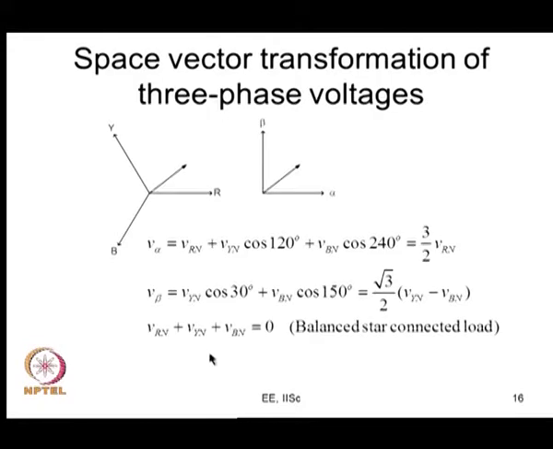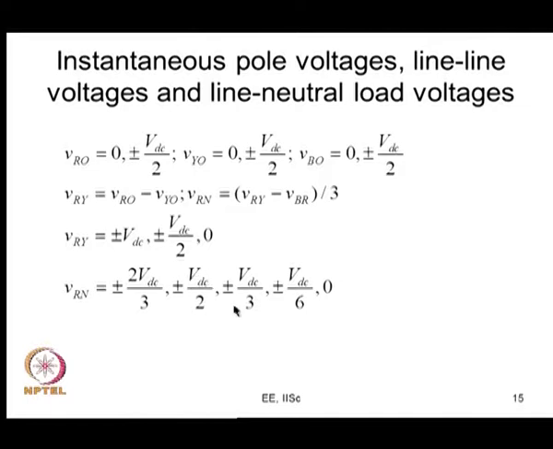Alright. So, the other thing, as I mentioned yesterday, is, for example, if you want VDC, there is only one possibility. VRO has to be plus VDC by 2, VYO has to be minus VDC by 2. But if you are looking at VRY equal to plus VDC by 2, there are two possibilities. One is VRO can be plus VDC by 2, VYO can be 0, or VRO can be 0 and VYO can be minus VDC by 2. So, these have two possibilities here.